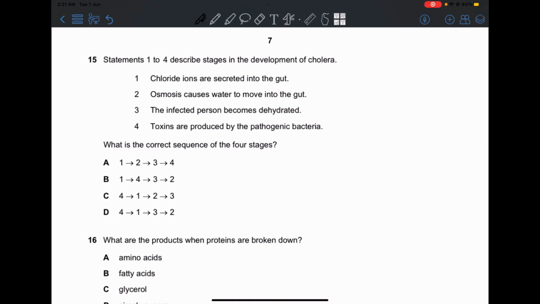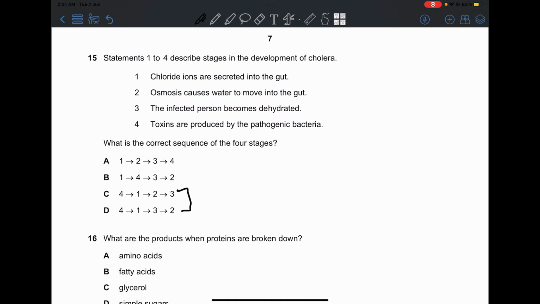So we're going to be choosing between C and D actually over here. So the option C says toxins are produced by the pathogenic bacteria, and then number 1 says chloride ions are secreted into the gut. Now this is the correct sequence. So both C and D say that the sequence is like that. Now the difference is 2 and 3 over here.